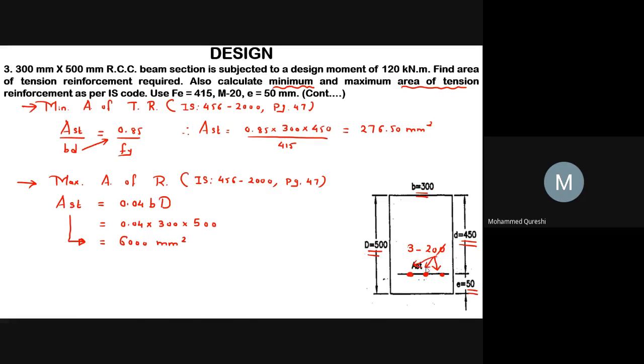So, by using these two equations given in the IS code, we calculated the minimum reinforcement and maximum reinforcement.